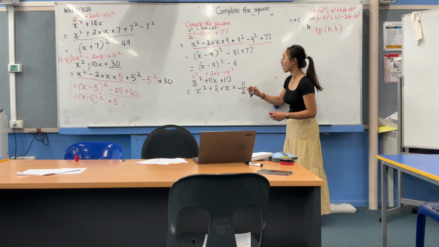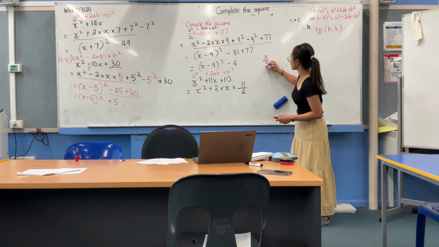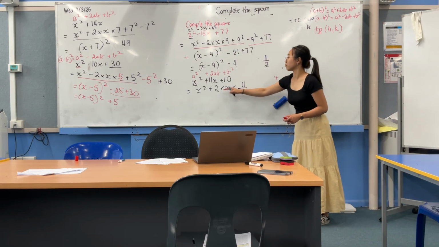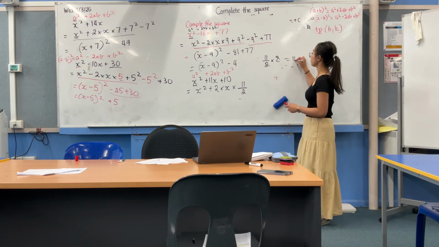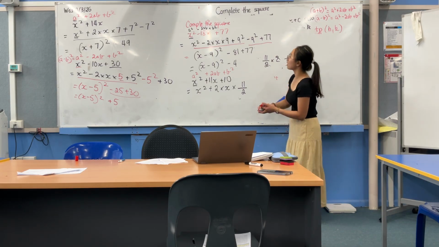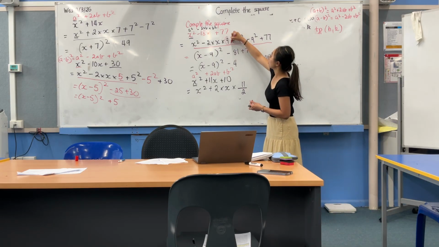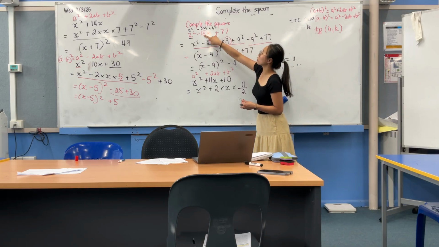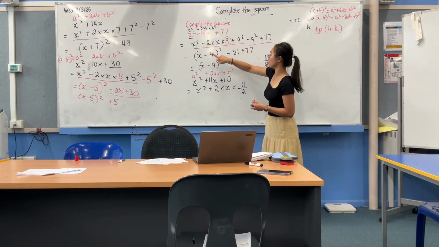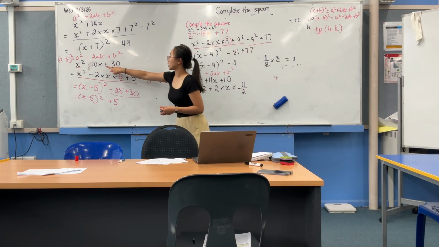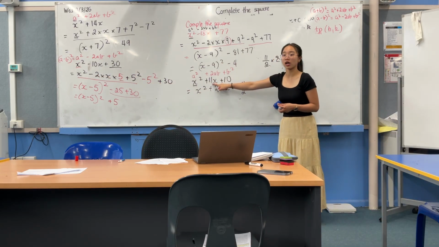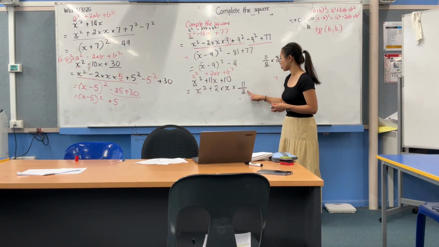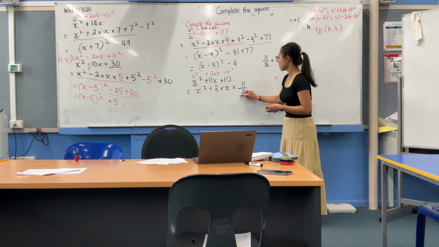Alright, now why is that? 11 divided by 2, and then you times 2, do you get 11 as well? So this number b is actually equal to the middle coefficient divided by 2, just like 18 divided by 2, or 10 divided by 2, gives you b. So it's exactly like this. This is just an odd number, so 11 divided by 2 is your b.